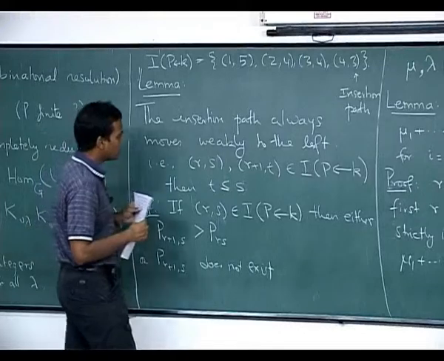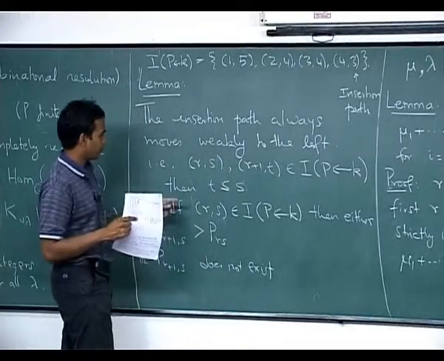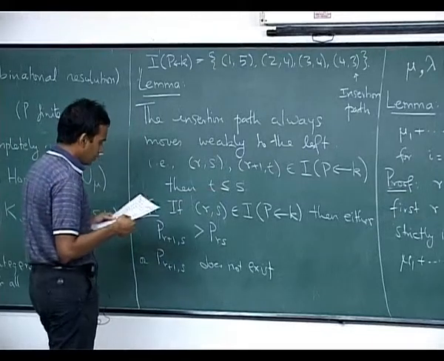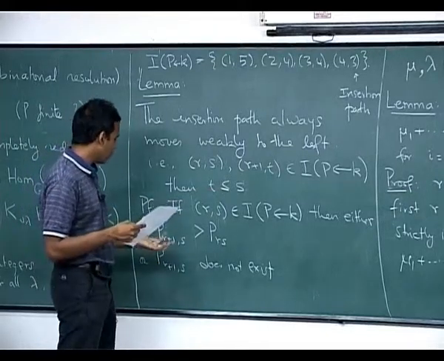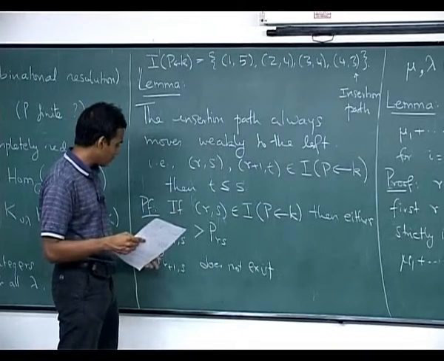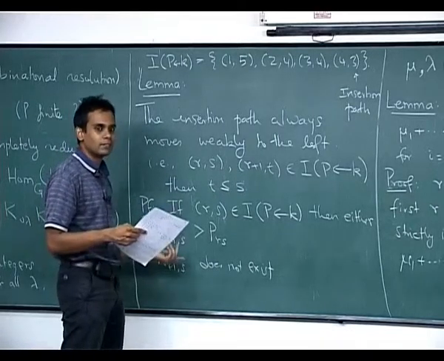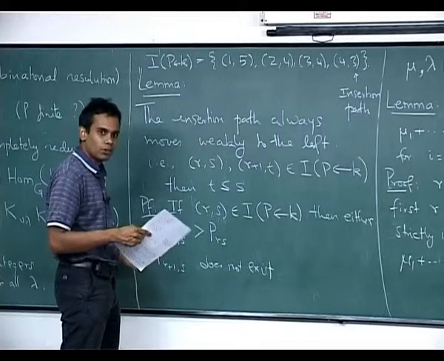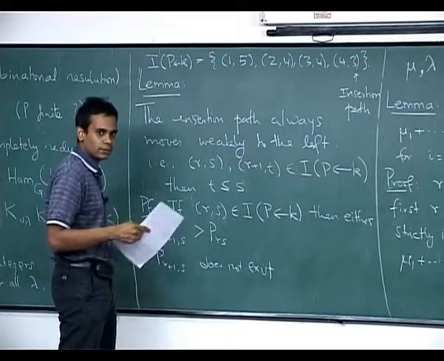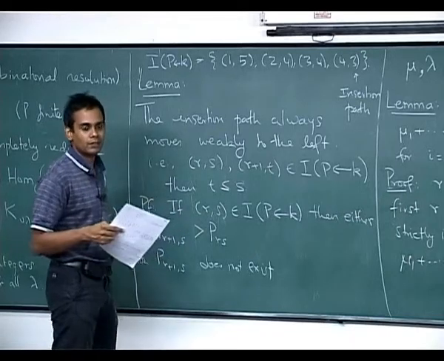So, that would show that T is less than or equal to S. In the other case, well, it would come to rest at the end of the next column, but if P(R+1, S) does not exist, then the end of the next column must occur before this. So, it can come to rest either here or to the left of it. In either case, you are covered.